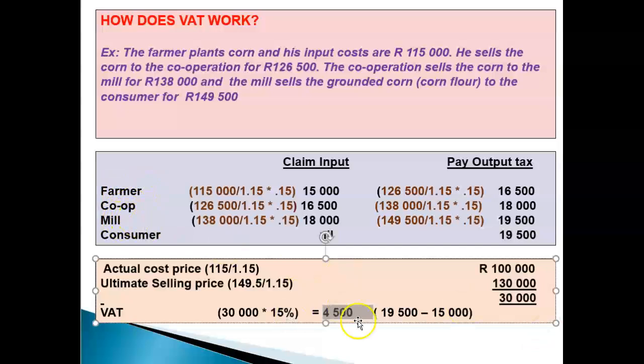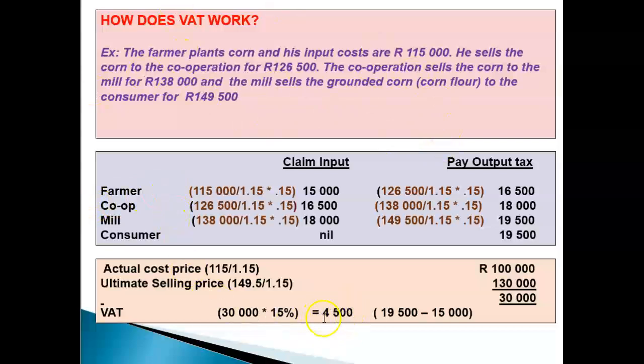Now, in the old days, before you were even a twinkle in your father's and mother's eyes, we had GST in this country, and there are very few countries in the world that still have a GST system in place and not a value-added tax system. And that is exactly what the GST system does. It only collects from the mill that 30,000 times 15%, i.e. 4,500. But if the mill is a scallywag, in other words, the mill is not going to pay the VAT because he is dishonest, it means that the receiver of revenue will nowhere collect anything on this transaction.